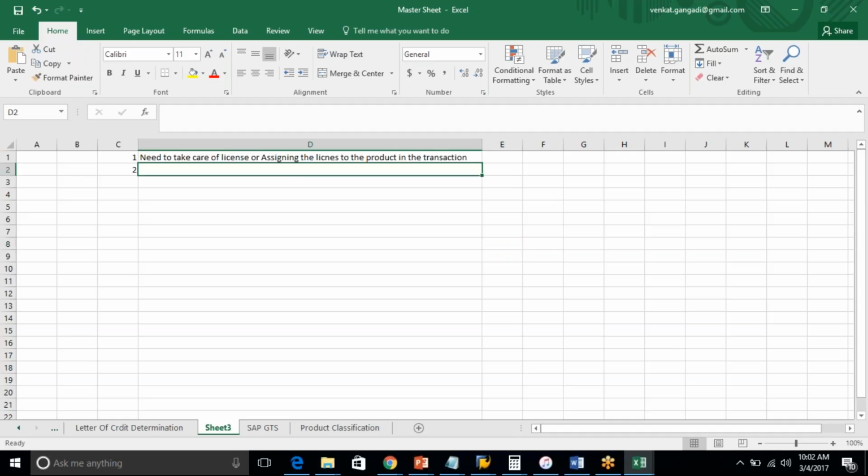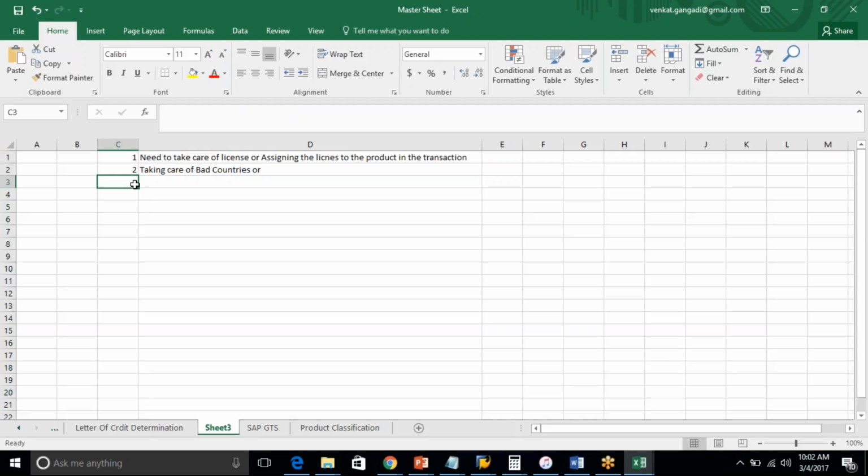In a very generic terminology, we write: taking care of bad countries, or prohibited countries. So, taking care of the license and taking care of the bad countries. That means when you are doing export or import, you need to take care of the license for your transaction, and you need to look at and consider the bad countries.